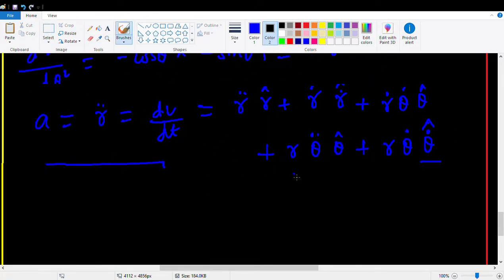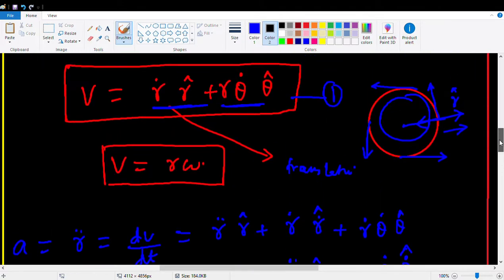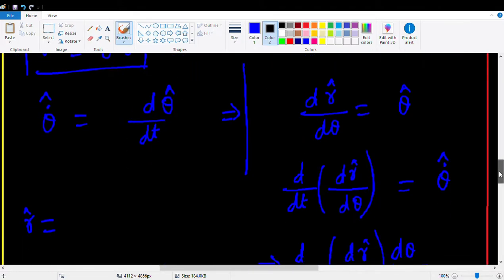Now, here is my acceleration. I can write acceleration is equal to r double dot r hat plus r dot. Now r dot gives me theta dot theta hat.